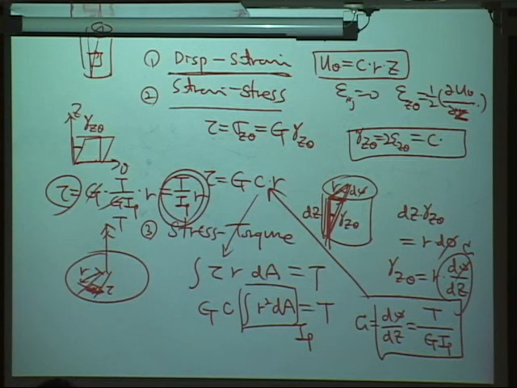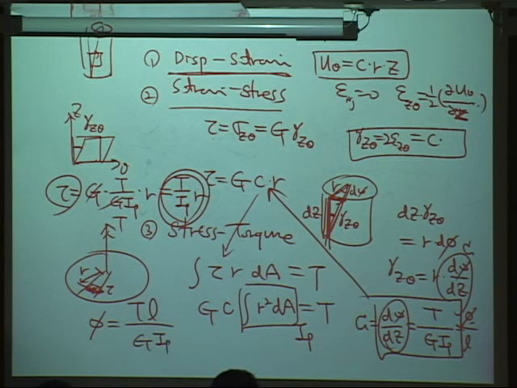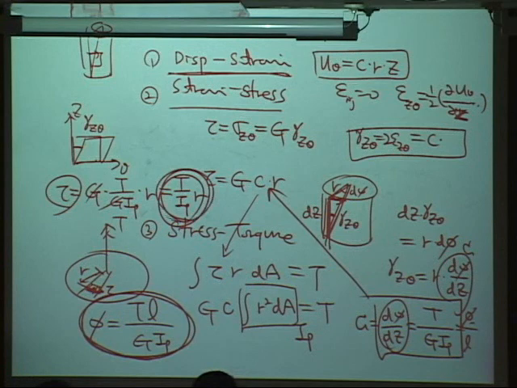And d phi over dz is the twisting rate with respect to z, so it can be represented as total phi over L. So phi equals TL over G IP. So these are the final two equations.